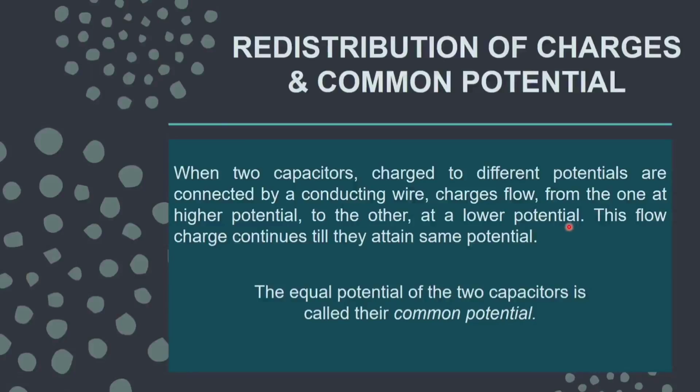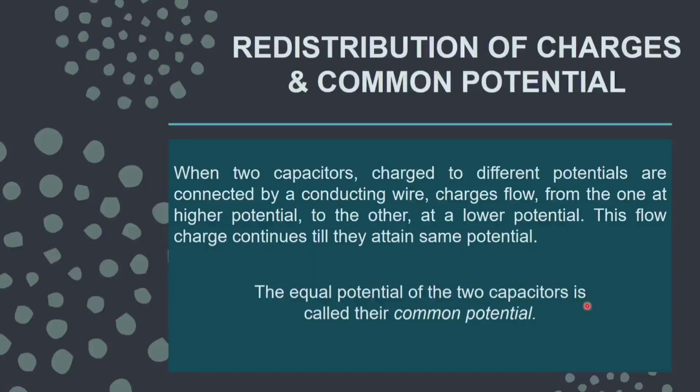Like in capacitors, the magnitudes of the charges may be the same, but there is a potential difference. This flow of charge will continue until both attain the same potential. This is the definition of the common potential when we connect two capacitors with a conducting wire. It means charges will get redistributed to reach a common potential.